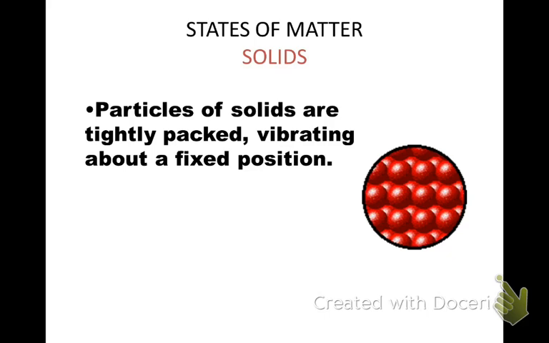They're all connected in this lattice, is what we call it, but they still move quite a bit and move fairly fast. So again, we tend to call this a lattice structure when we talk about solids, L-A-T-T-I-C-E. And again, particles of solids are tightly packed, vibrating about a fixed position.